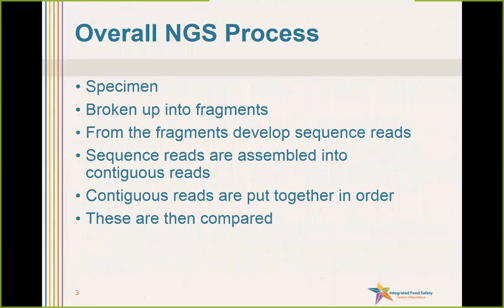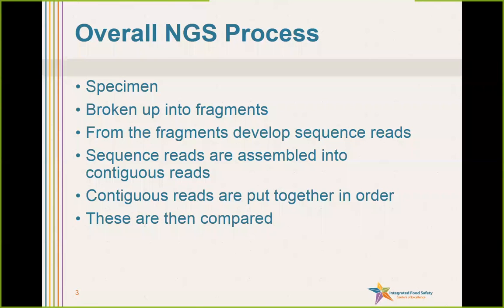In the first webinar, the NGS process overall was discussed, and I wanted to quickly review. You have an isolate that undergoes some agitation, and it's broken up into fragments. From these fragments, you develop what are called sequence reads.